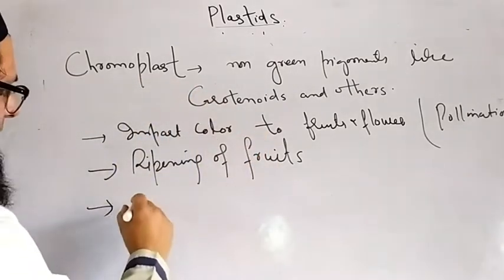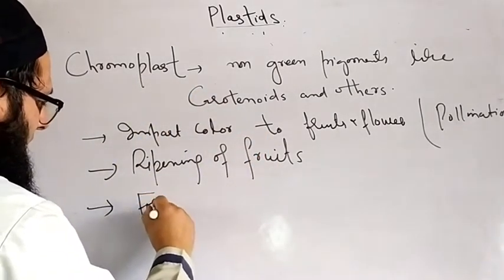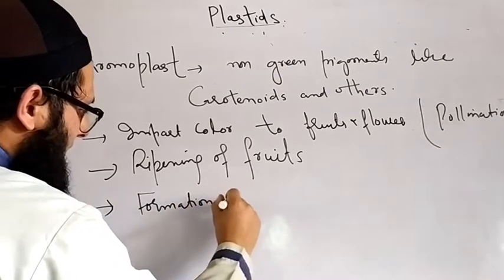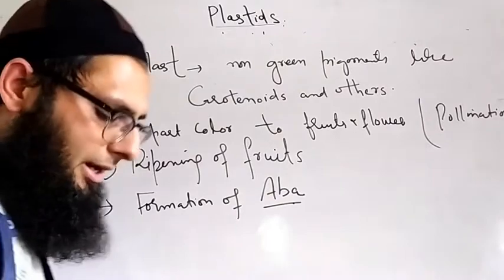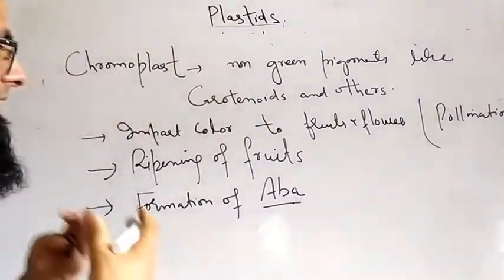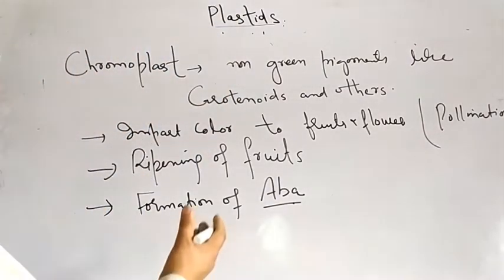These chromoplasts also help in the formation of abscisic acid, which is a plant hormone, an inhibitory hormone present in the plants.